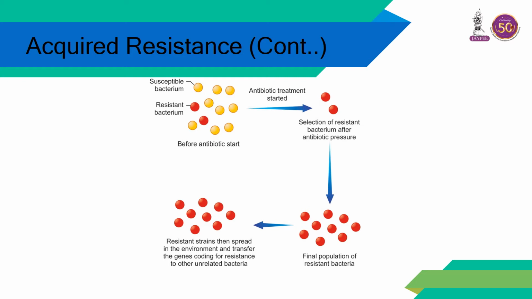Similarly, because of the pressure of the antibiotics, only the resistant bacteria were able to survive, and finally they multiplied and increased in number. So this is an example of acquired resistance.